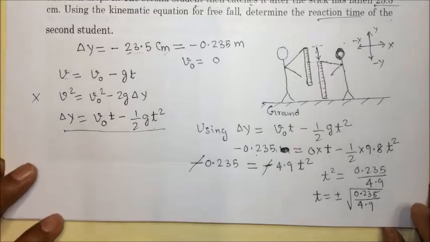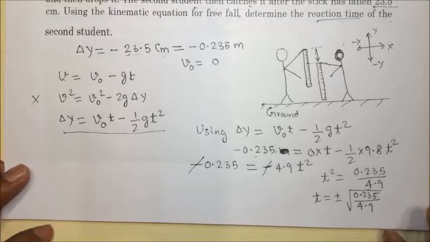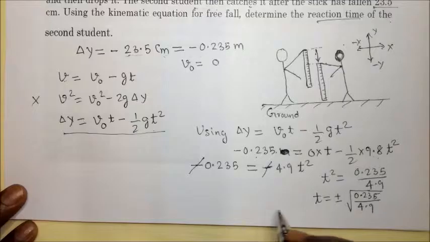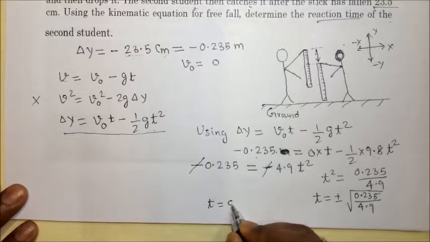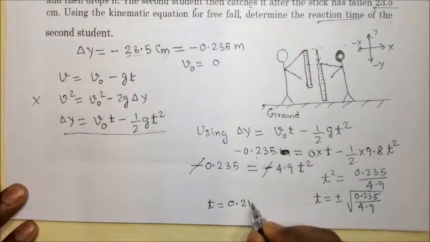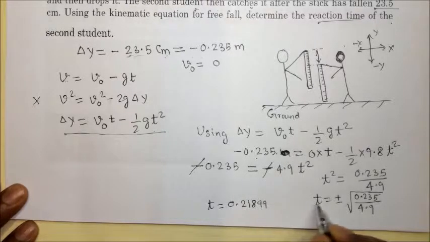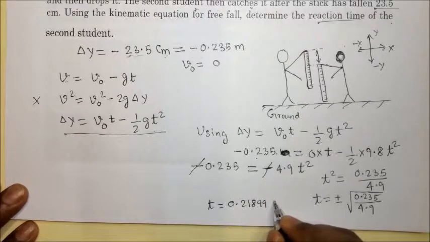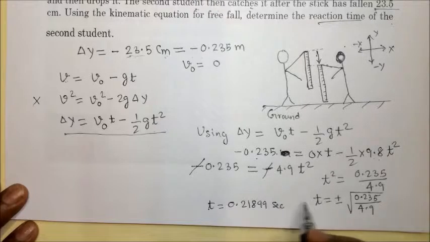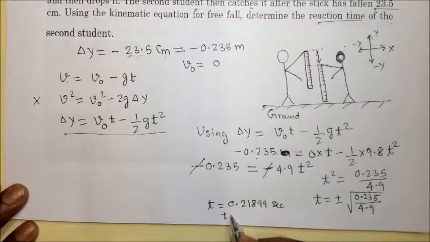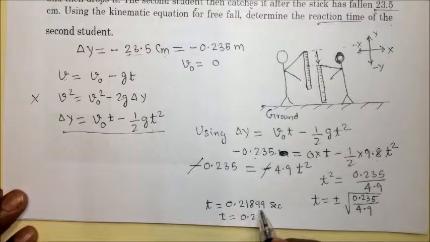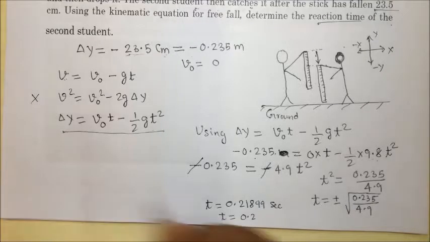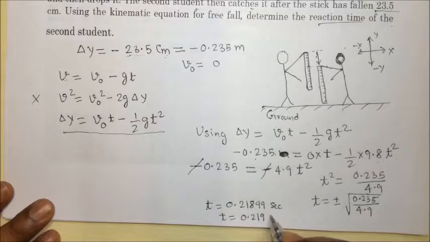Okay, so what should be the answer here? I am getting this T is 0.21899, okay, large number here, second. So I can approximate T is equal to 0.2219 second.